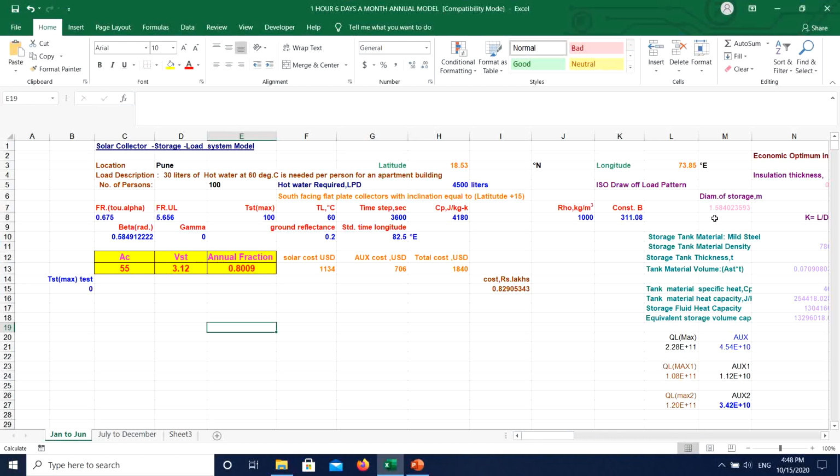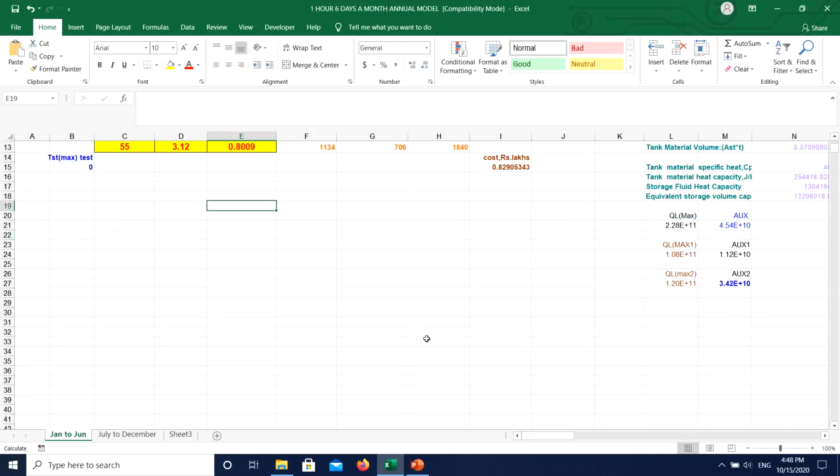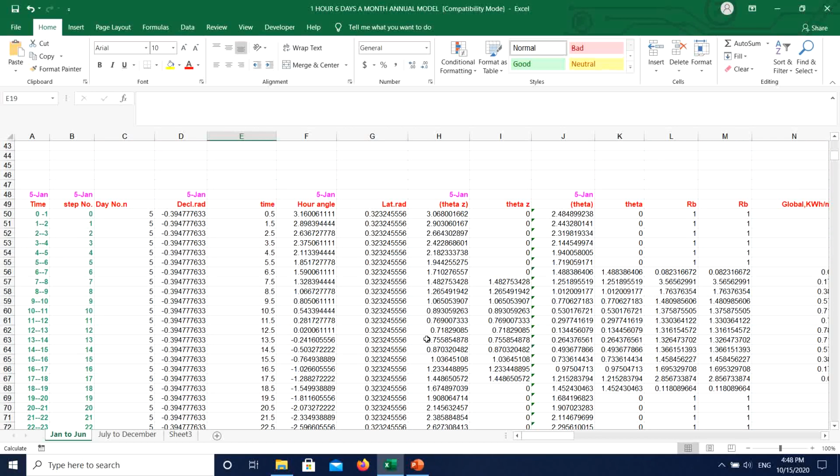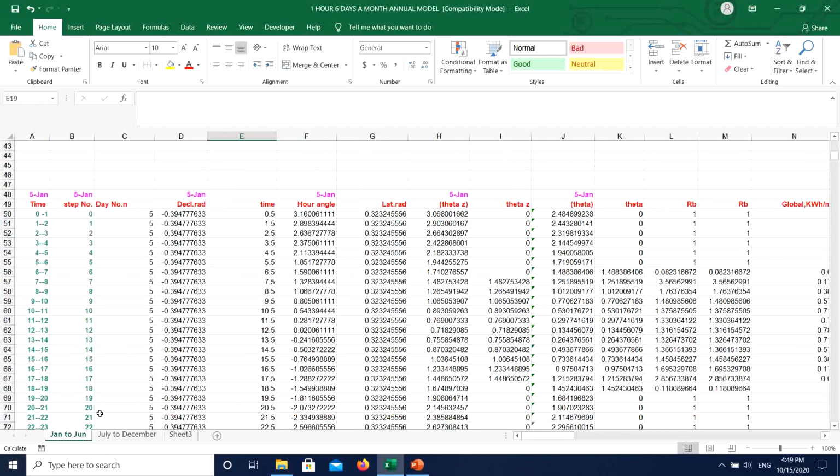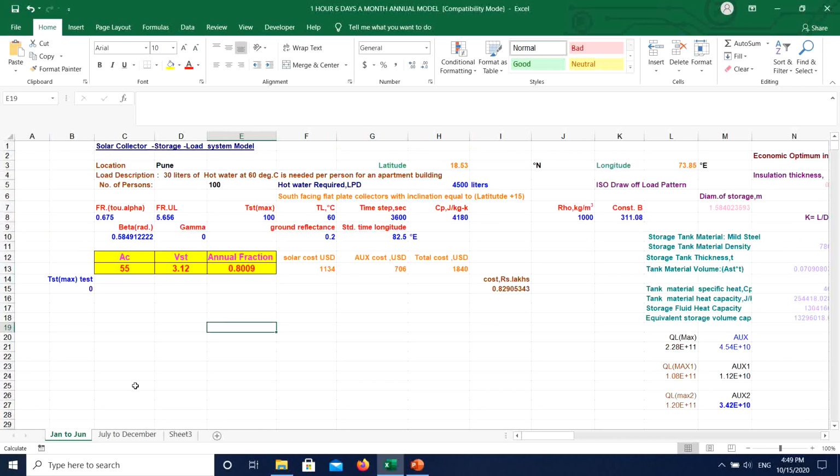This Excel sheet shows the modeling of the solar thermal system mentioned in the presentation. The sheet indicates the calculation from January to June, and then July to December, so the entire year the system is modeled.